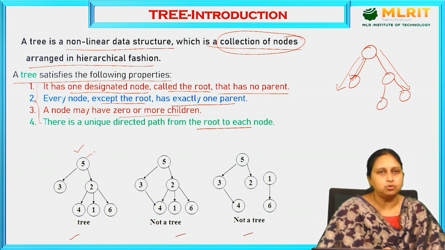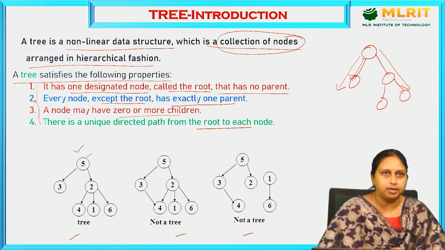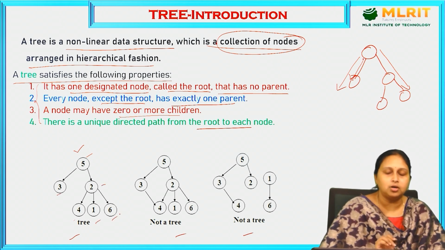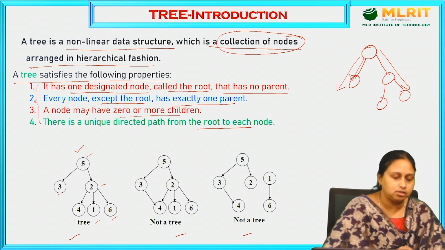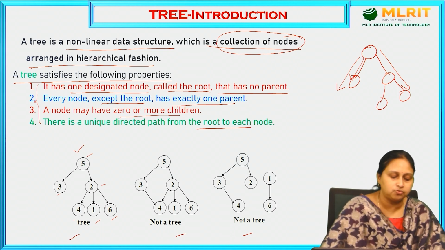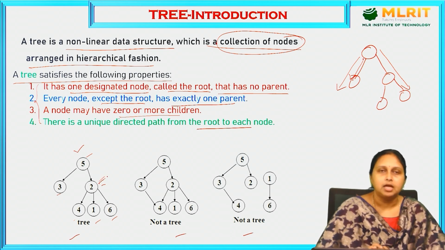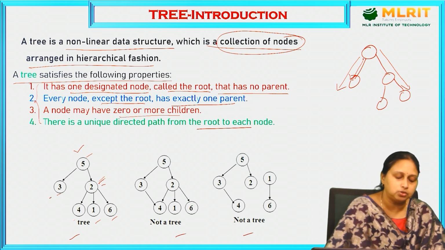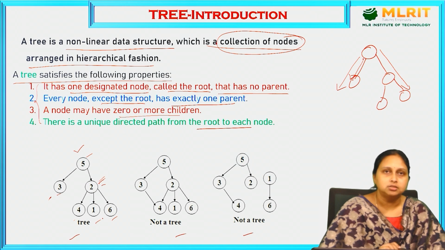This is the root node, and for that you don't have any parent. Every node except the root node has exactly one parent. For this node it is the parent, and for these nodes, this is the parent. And a node may have 0 or more children. Yes, this has 0 children, and this has some more children.